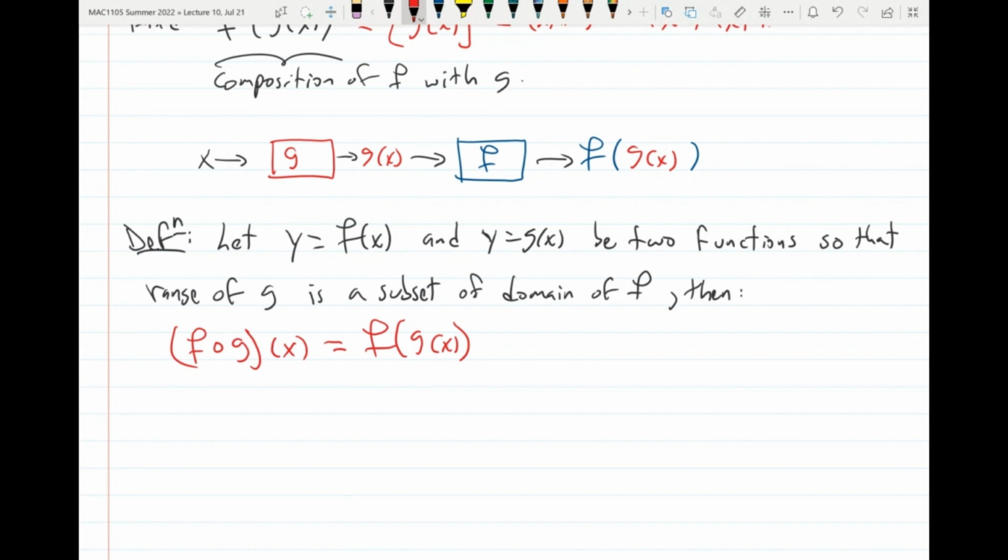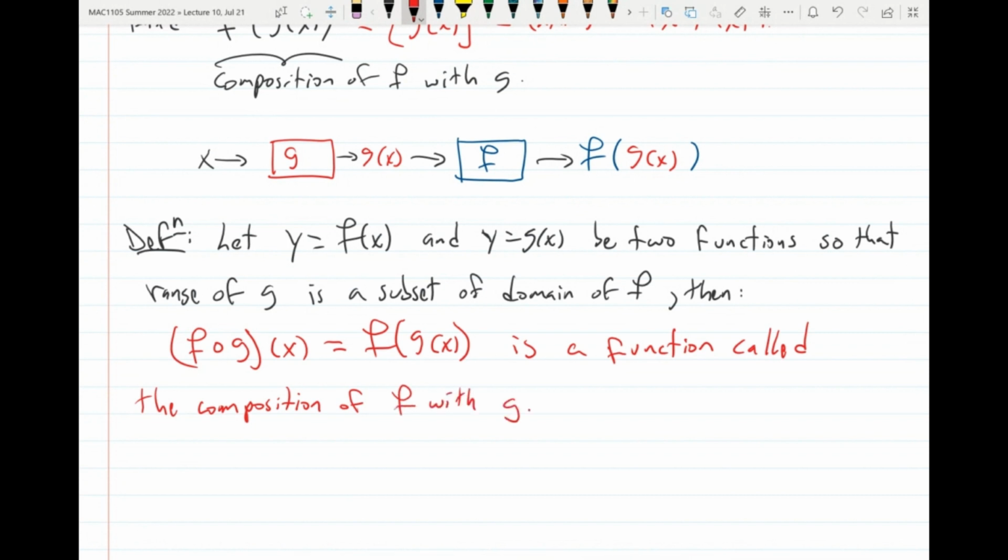Then this is a function, a well-defined function with those conditions. It's a function for the composition of f with g.